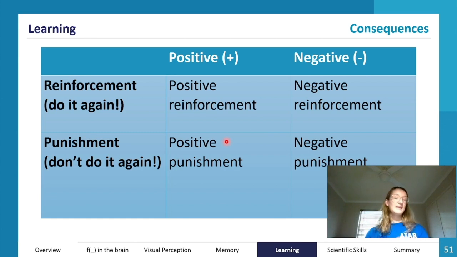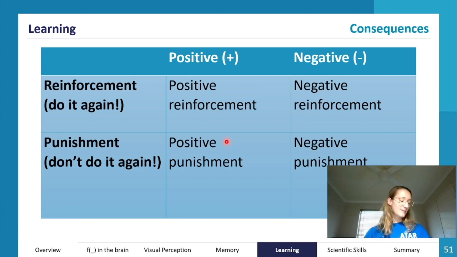Well, that would be adding an unpleasant stimulus so a child knows that they shouldn't engage in that behavior again. So, for example, adding nagging or yelling. If a child does something really dangerous or really unsafe, a parent might yell or tell them off or something like that. So something is being added so they know not to participate in that behavior again.